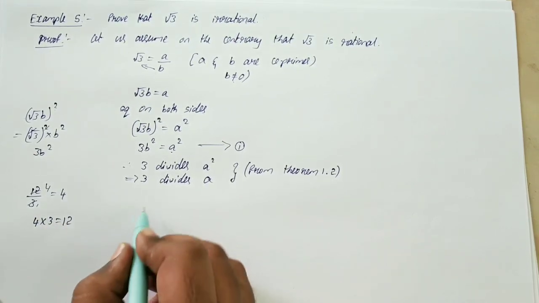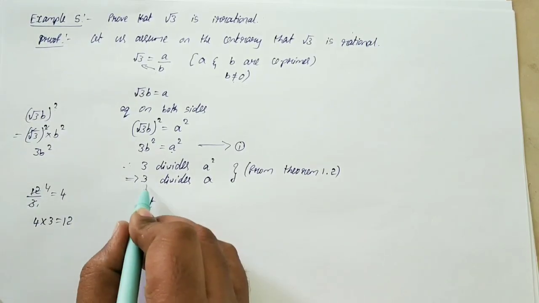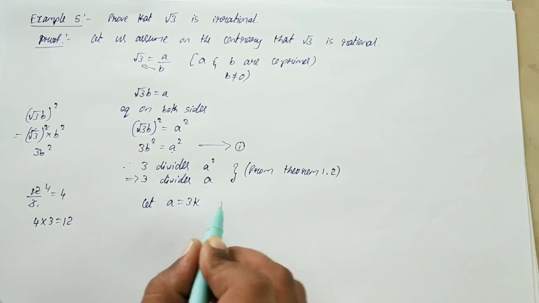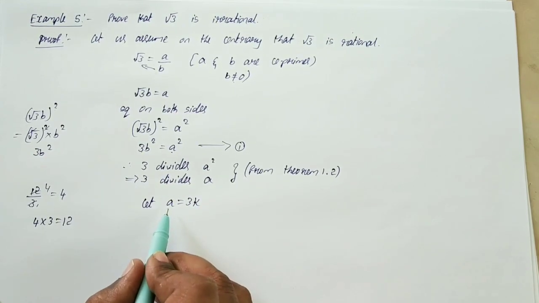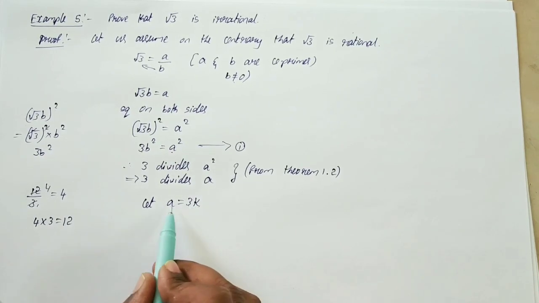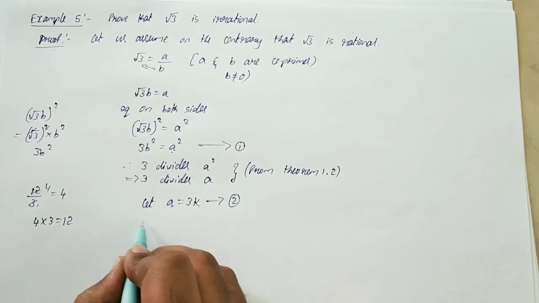So likewise, if we multiply this 3 with some integer, we will get a. Getting the point? If 3 divides a, we will get some integer k. If we multiply that integer with 3, again we will get the value of a. Right? So this is equation 2.